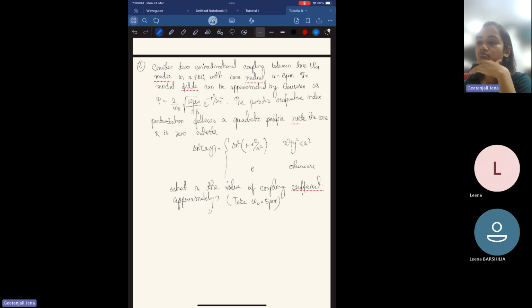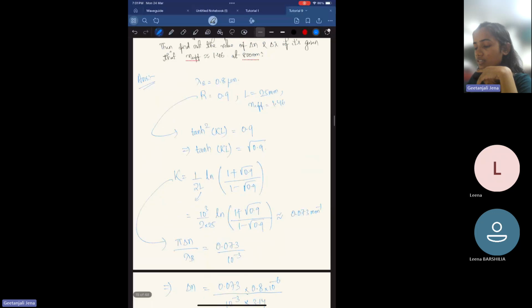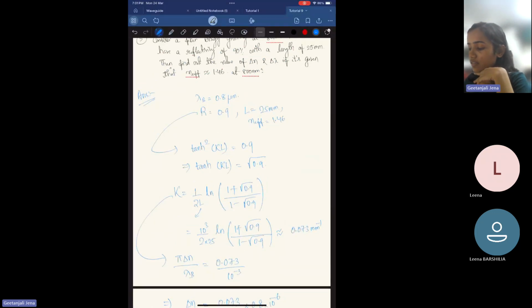So I think the hyperbolic function is there, so no need to remember this.